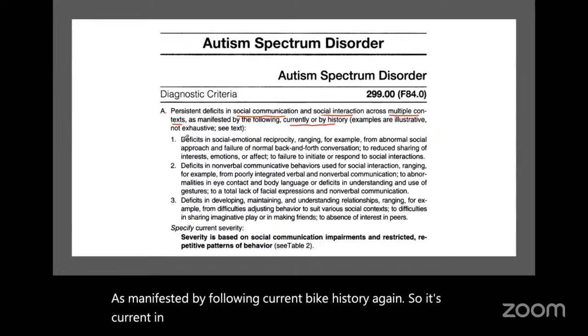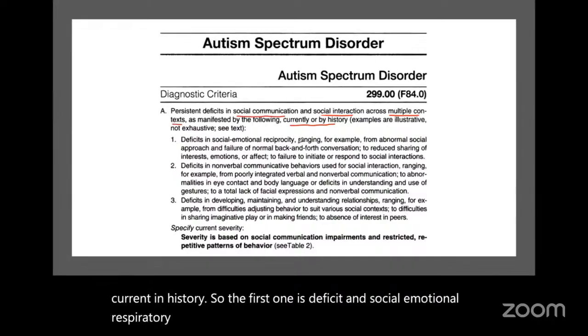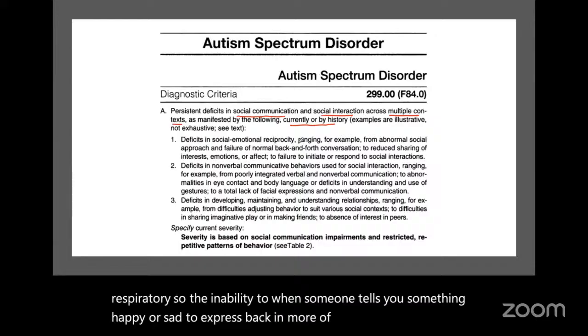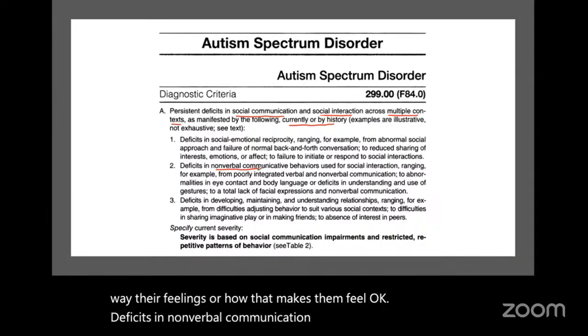So the first one is deficit in social emotional reciprocity. So the inability, when someone tells you something happy or sad, to express back in more of an empathetic or social way their feelings or how that makes them feel. Okay. Deficits in nonverbal communication, not being able to express oneself nonverbally.